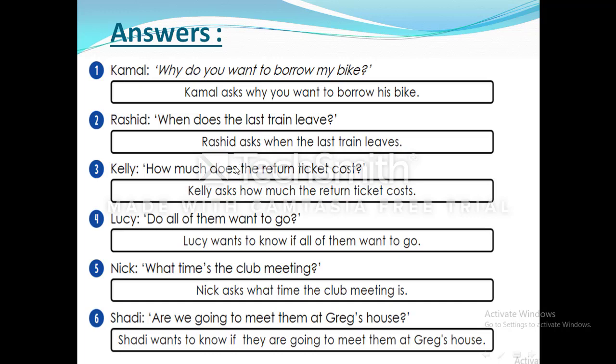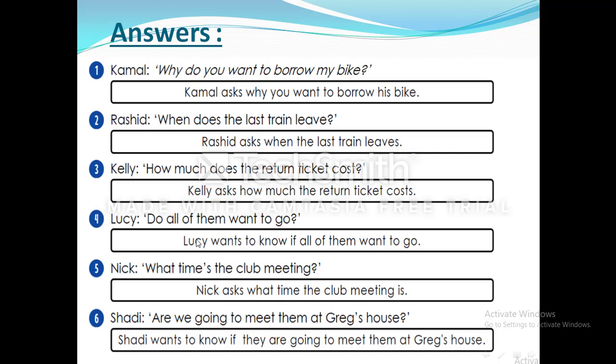So this goes away, and let's complete: the return ticket costs. And what about this s? Remember, if you have "does" you must delete it, and don't forget to put s at the end of the verb, like here, costs, like leave and leaves.